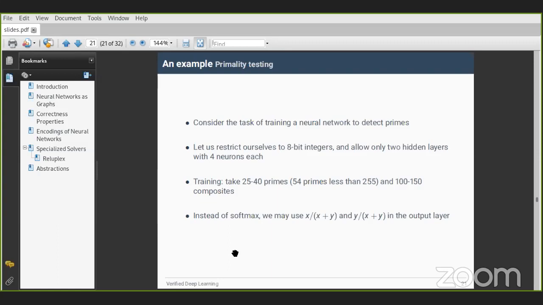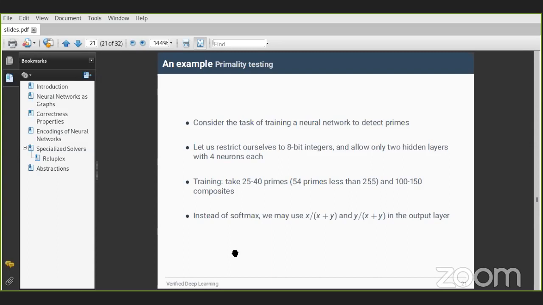So here is a task and here is a network, and you can certainly train that network for the task. How do you do that? You can train by actually giving it primes. There are 54 primes which are less than 255. You can take some of those 54 primes, and you can take some composites, and use this to train the network.